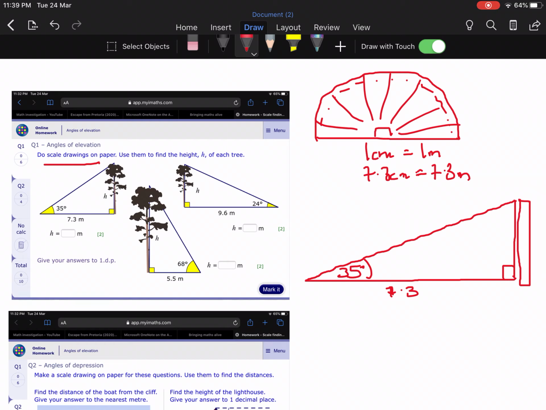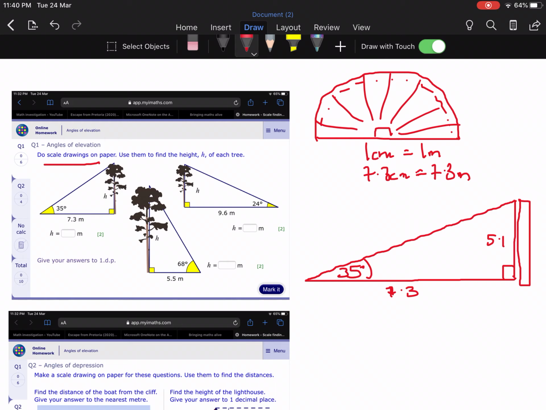Now say for example that there, if I was to measure it, would be approximately 5.1 centimeters.